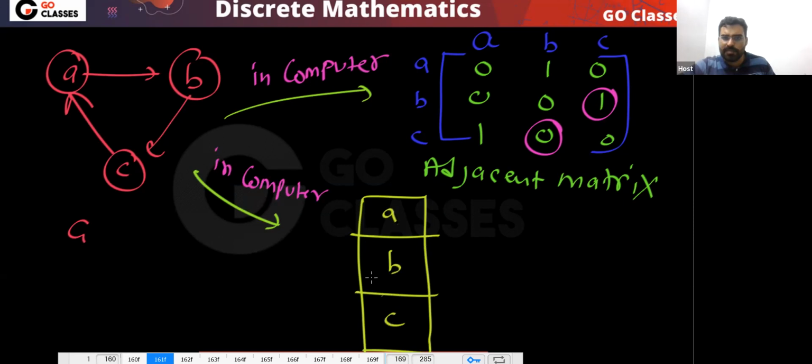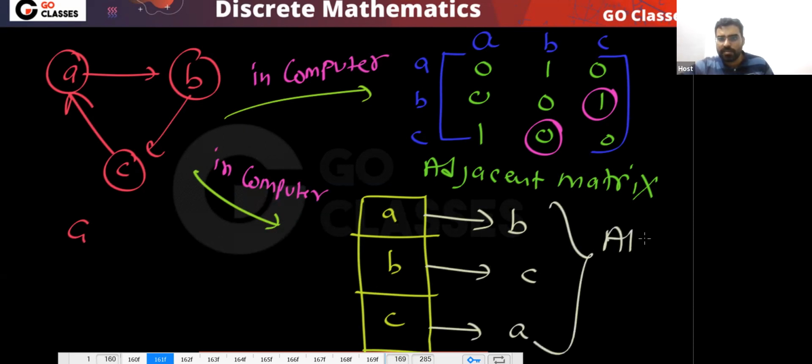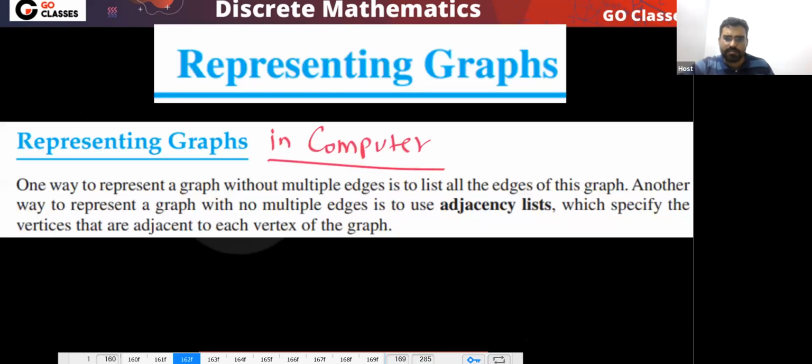These are your vertices A, B, C. Now just write who A is adjacent to: from A to B, from B to C, and from C to A. That's it. This is adjacency list representation. So there are two representations: adjacency matrix and adjacency list.